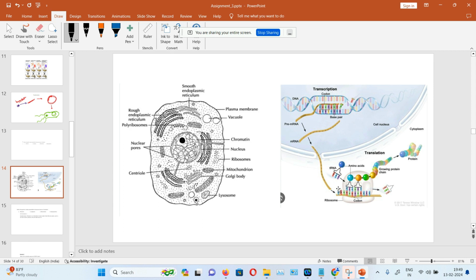From there, the code is decoded and the corresponding codons' amino acids are collected and combined to form a protein. The formation of the messenger RNA from the DNA is called transcription, and the decoding of the messenger RNA to form the protein is called translation, and it is happening outside the nucleus, at the ribosome.